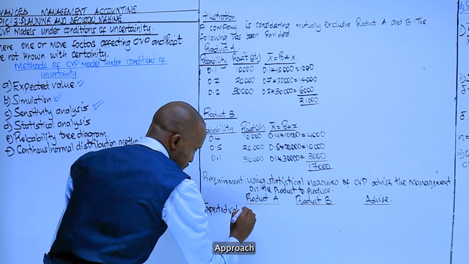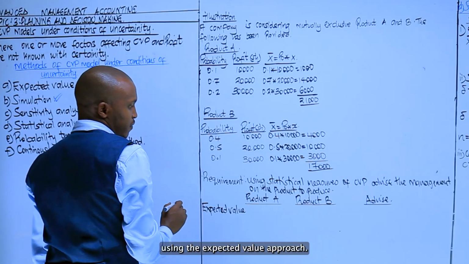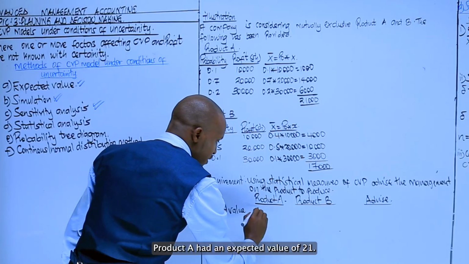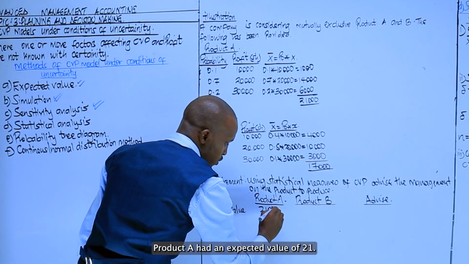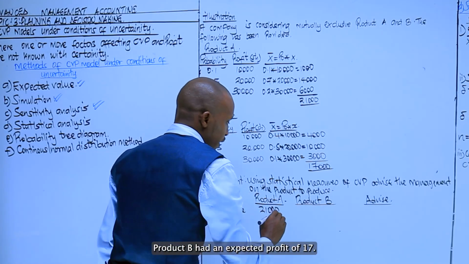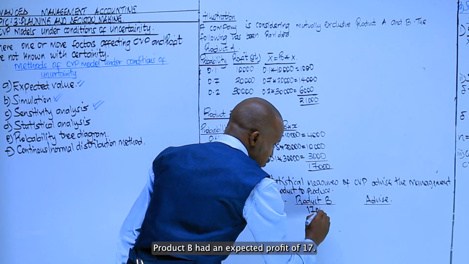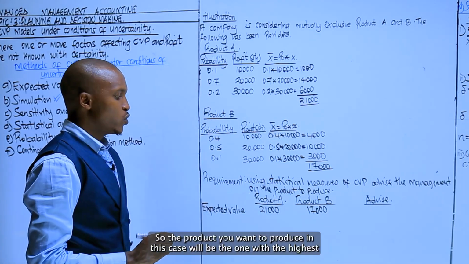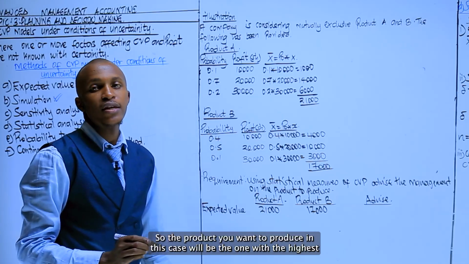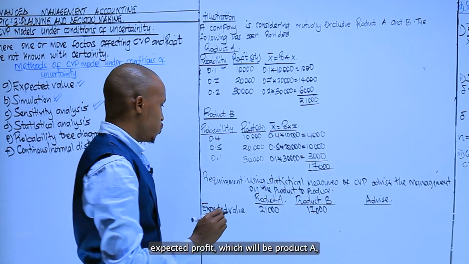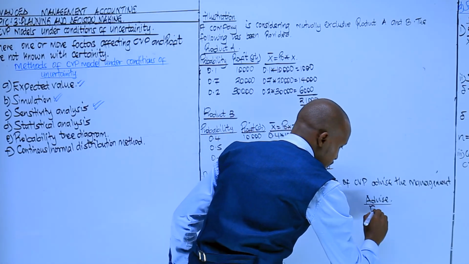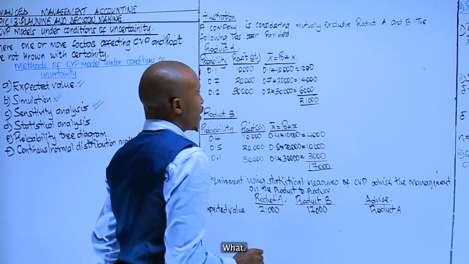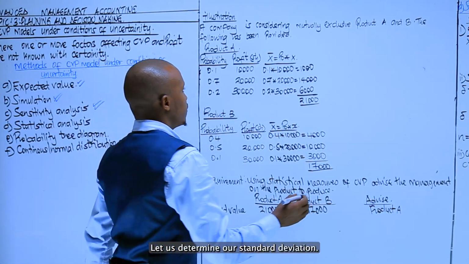Using the expected value approach, product A had an expected value of 21,000. Product B had an expected profit of 17,000. So the product you want to produce will be the one with the highest expected profit, which is product A. So you advise them to produce product A.